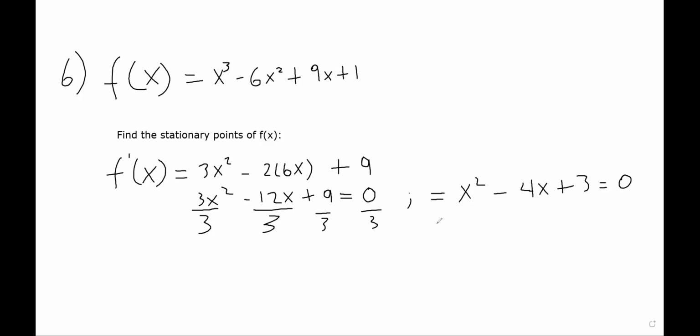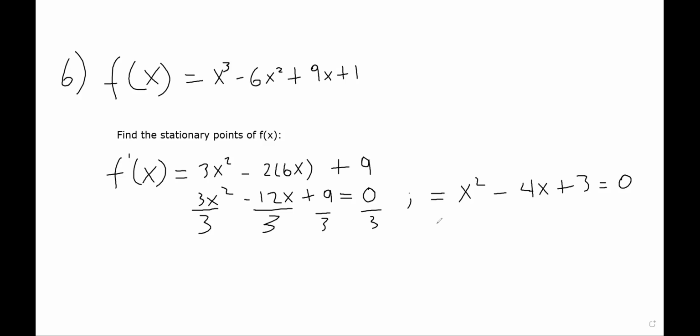So we need to find the x values that when added or subtracted give us -4, and when multiplied give us back +3, right? So then we ask ourselves, which two values can we use?